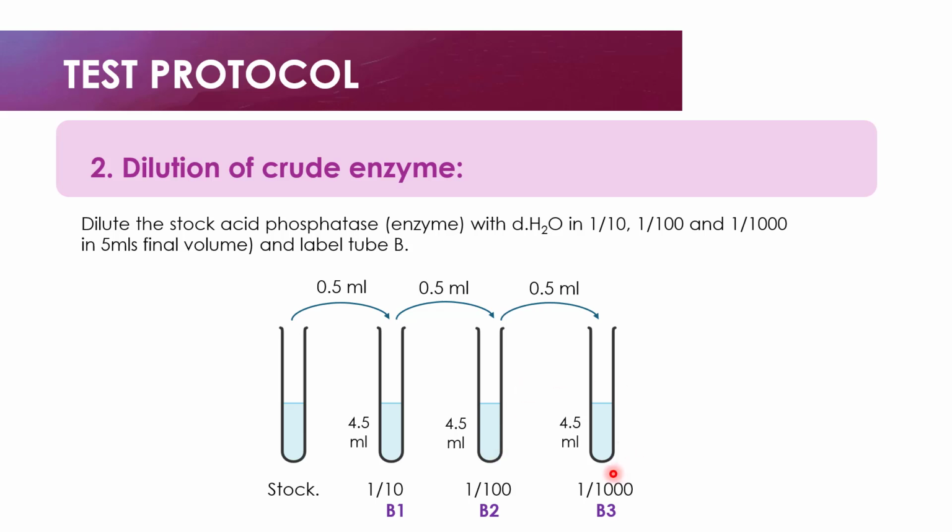And to prepare our 1 in 1000 dilution, we pick 0.5 ml of our 1 in 100 dilution and add to 4.5 ml of distilled water. When we are done, we label our 1 in 10 dilution as B1, that of 1 in 100 as B2, and 1 in 1000 as B3 respectively.